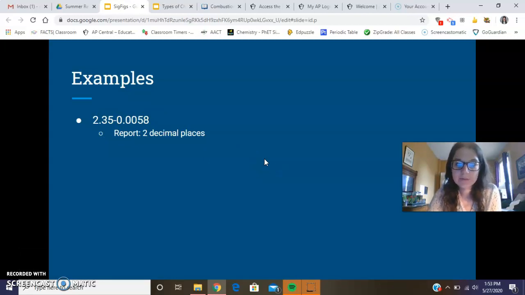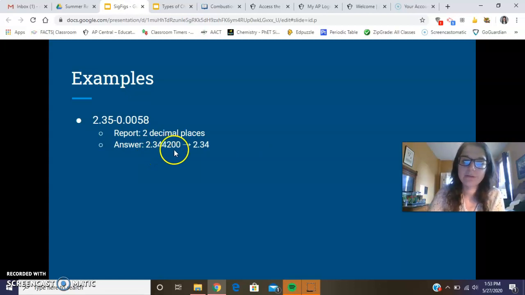Once I plug into the calculator, it spits out 2.344200. Lots of numbers, but I only report 2 decimal places, so that's 2.34. The number following the 4 is a 4, so I'm going to keep it 4, 2.34. If it was a 9, 2.349, I would round to 2.35. So rounding rules are still the same.